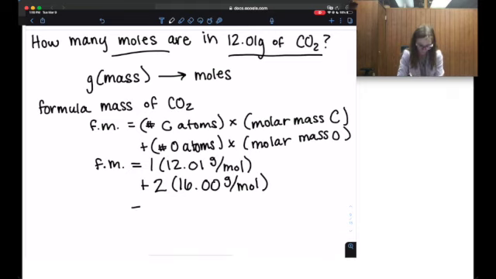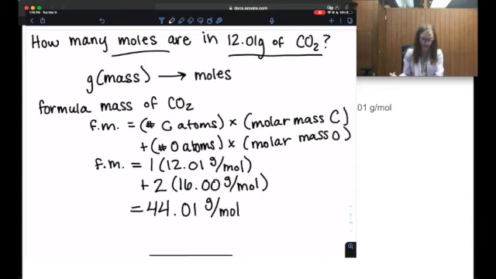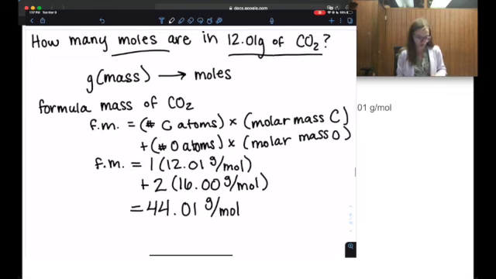All right, so if I go ahead and calculate this out, I end up getting 44.01 grams for every 1 mole, okay? So my formula mass of carbon dioxide, so that I can relate mass to moles, is 44.01 grams for every 1 mole.